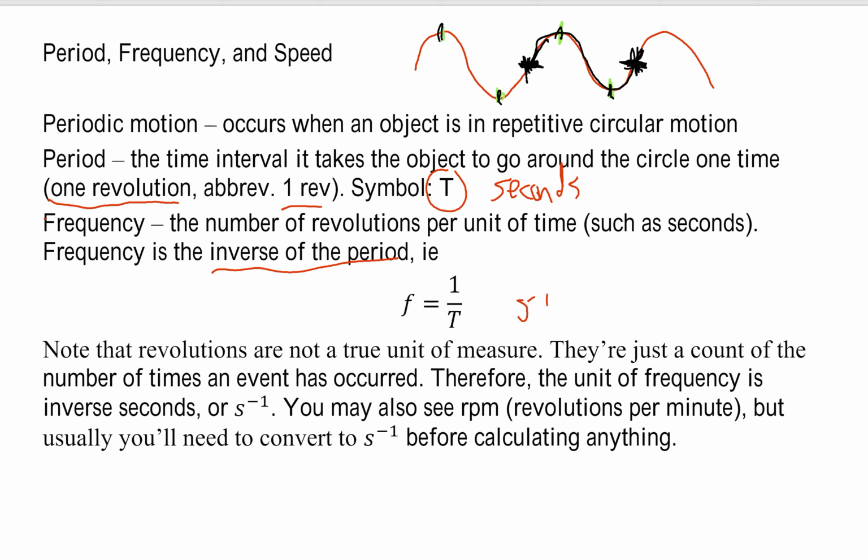So we actually don't include revolutions as a unit. So therefore, the unit of frequency is just inverse seconds. You may see revolutions per minute, but usually you'll convert to inverse seconds before calculating anything, okay? Revolutions does not count as an actual unit.